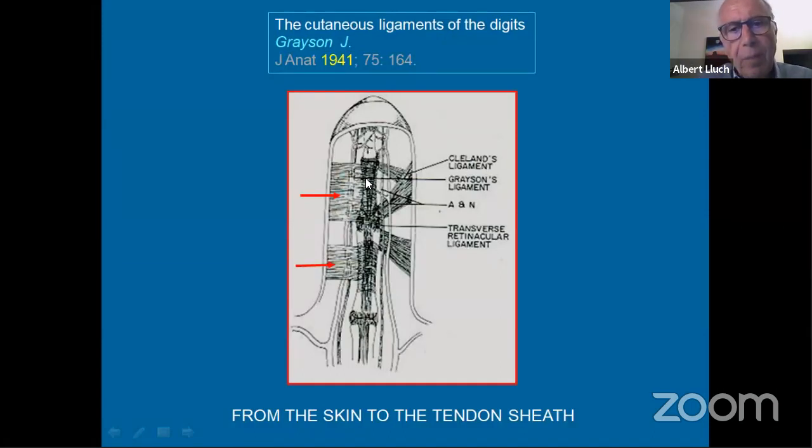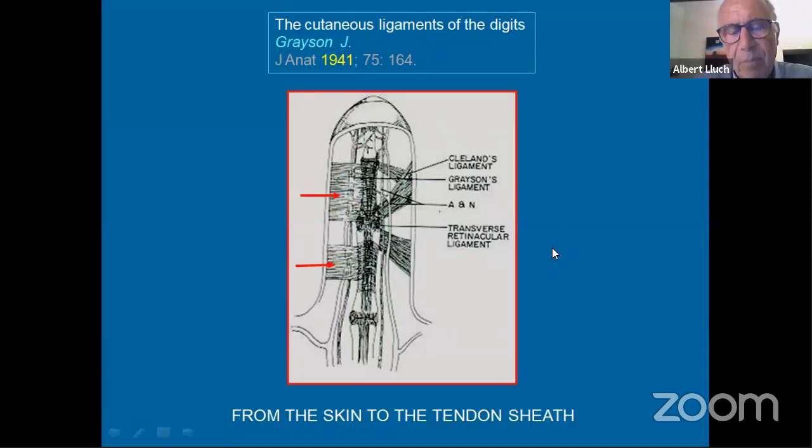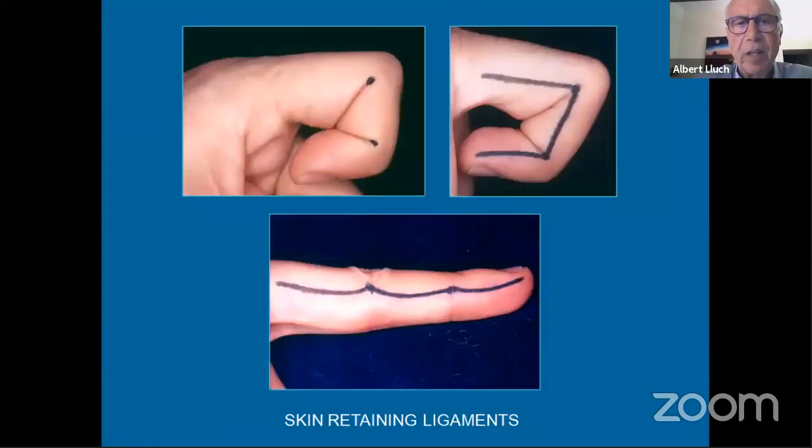So if we grab one finger with the other hand and try to roll the skin around, we will not be able to roll the skin, but we are able to roll the skin in the forearm, in the thigh, or in the leg, in many other places. And this is the purpose of the retaining ligaments of the fingers. If we have one finger, this is my finger, you put a dot of ink here where the folding of the skin starts.